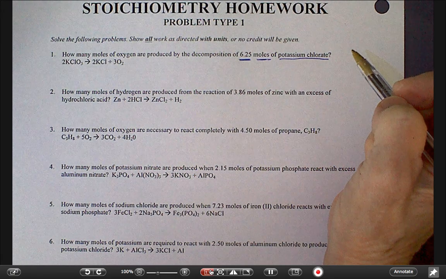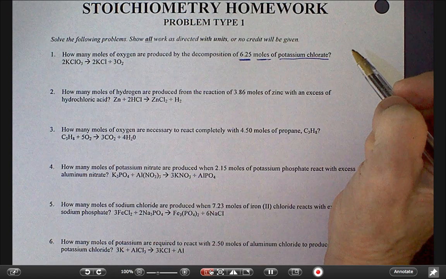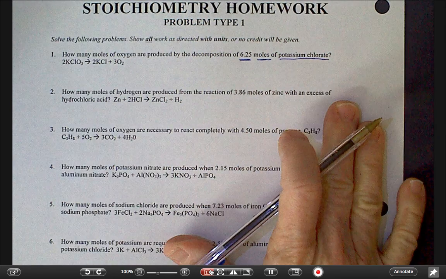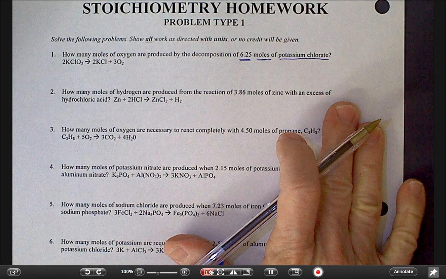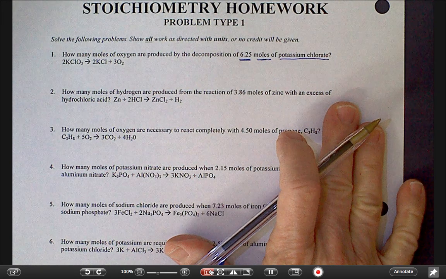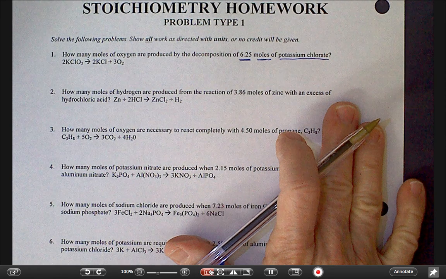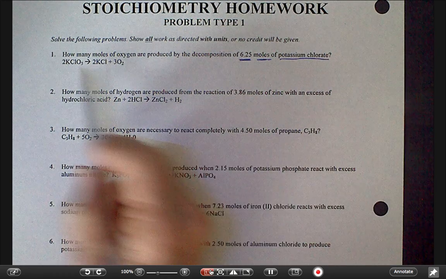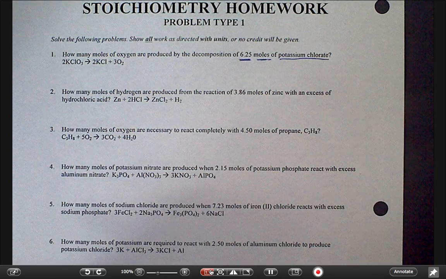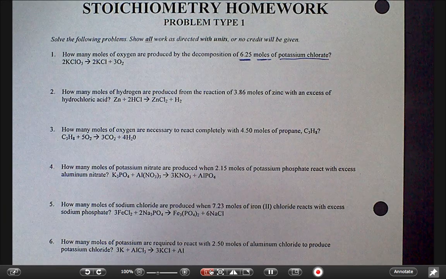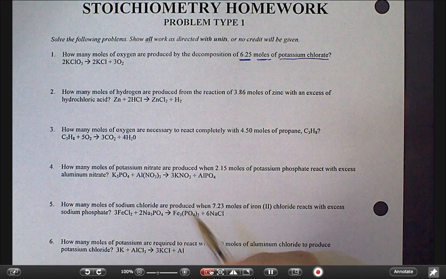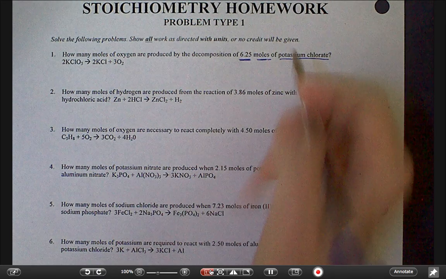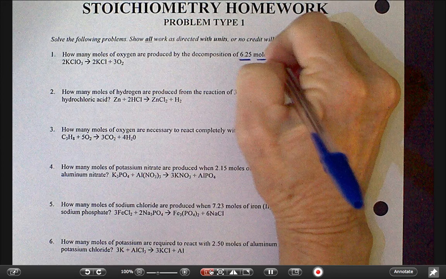KCl is potassium chloride. Remember, polyatomics end in ATE and ITE. Everything is coming back to bite you. Naming. Binary compounds end in IDE. KClO3. Yes. Everybody see it? Chlorate. Polyatomic. So you might want to have your polyatomic sheet handy. You need to remember, binary is IDE. Polyatomics are 8s and 9s, aren't they? Okay, so this is our known.